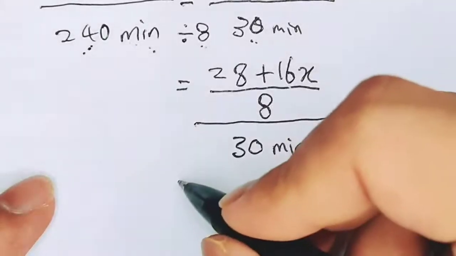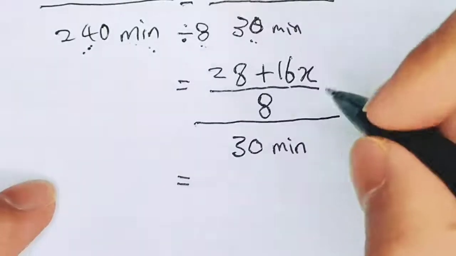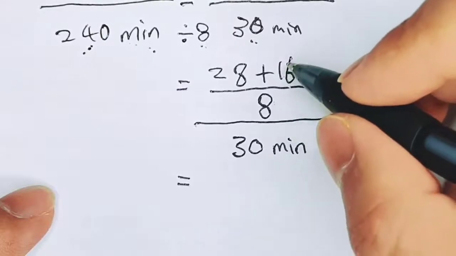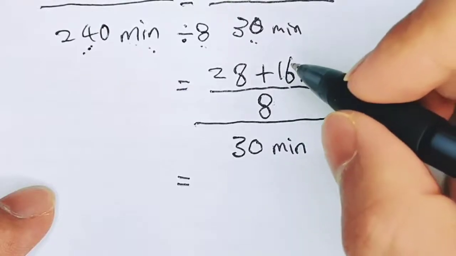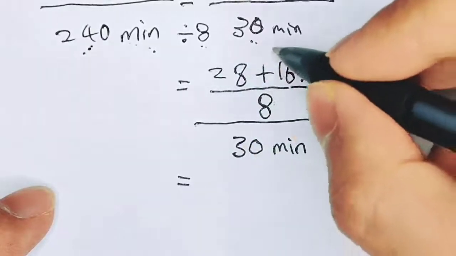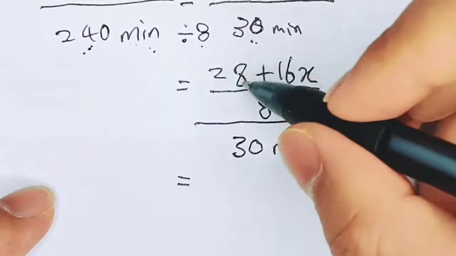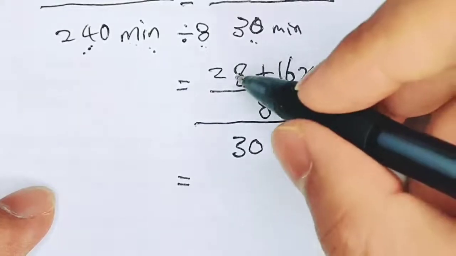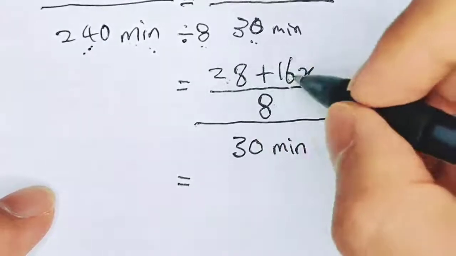Okay, until now, keep following me. So here comes the skill of algebra. Can we simplify this? Yes, we can. But we're not sure what is the correct number to eliminate between these two, right?